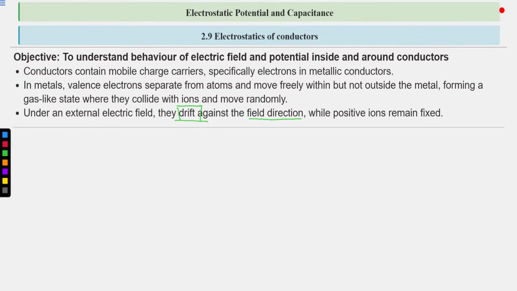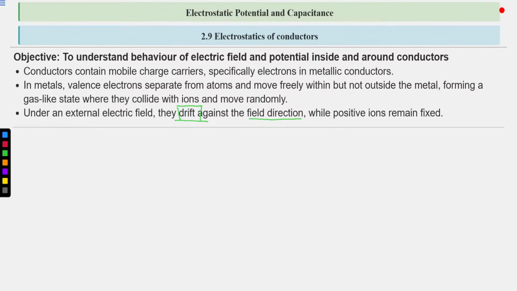So it will lose its velocity, again gain some acceleration and velocity, again collide with another ion and lose its velocity. That small portion in which it accelerates or gains velocity is called drift. We will do it in detail in the next chapter, current electricity. So for now you can simply assume it as move.